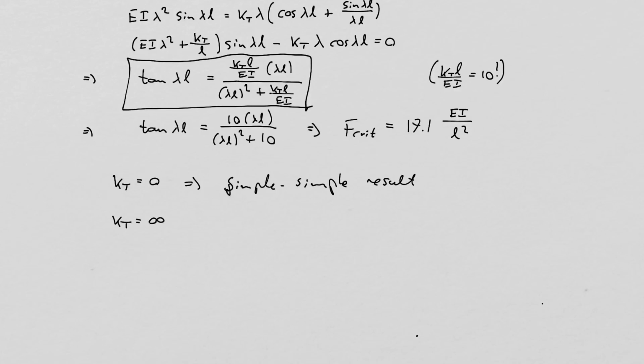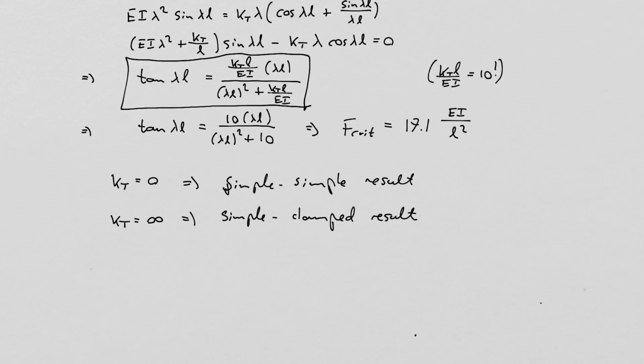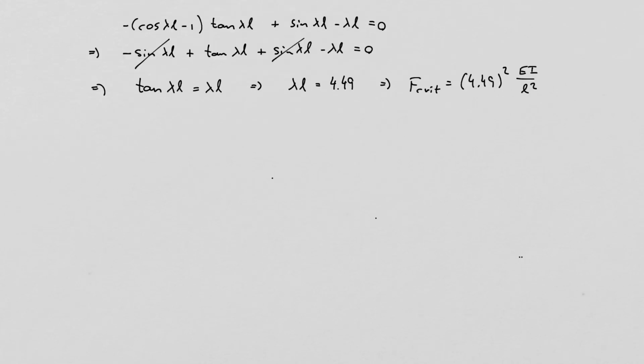On the other hand, if kt goes to infinity, then the results converge to the case of a simple clamped beam. And then for any intermediate value of our kt, and here specifically for ktL divided by EI equal to 10, we get an intermediate result with the F critical attaining the value given here.